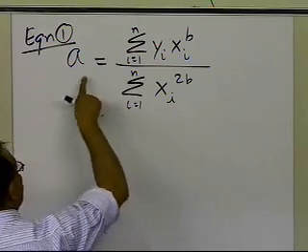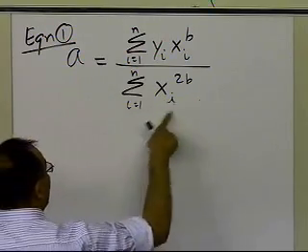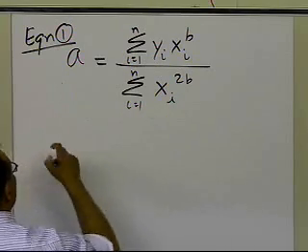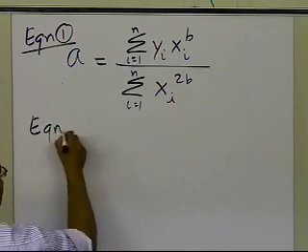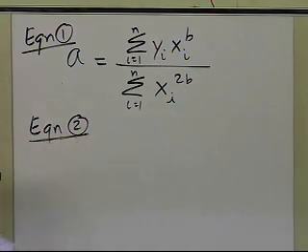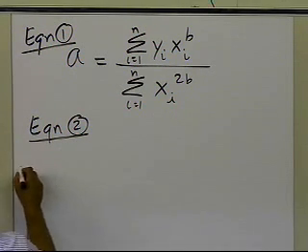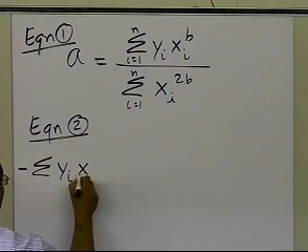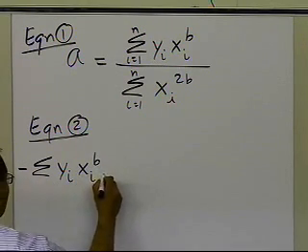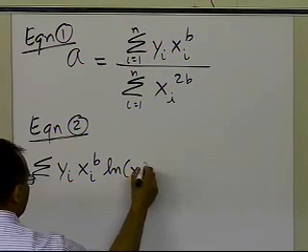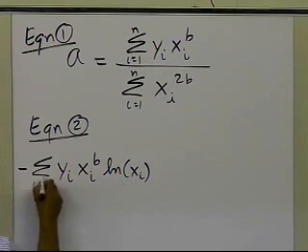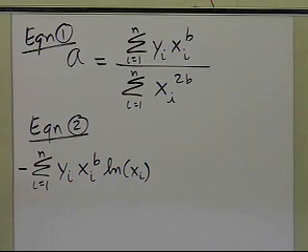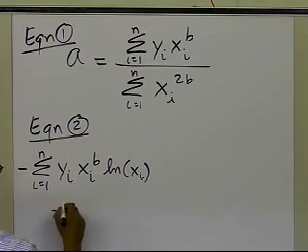So what I'm going to do is substitute this formula for A, which is in terms of B, in the second equation, so that rather than having to solve two simultaneous nonlinear equations, I'll have to solve only one nonlinear equation. So this one becomes minus summation y sub i x sub i raised to power b log of x sub i, from the previous equation, i is equal to 1 to n. Then plus A, and A is this.